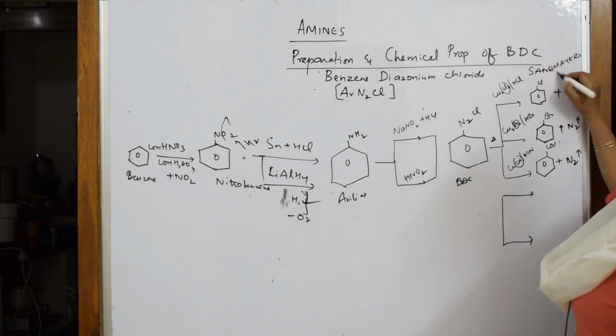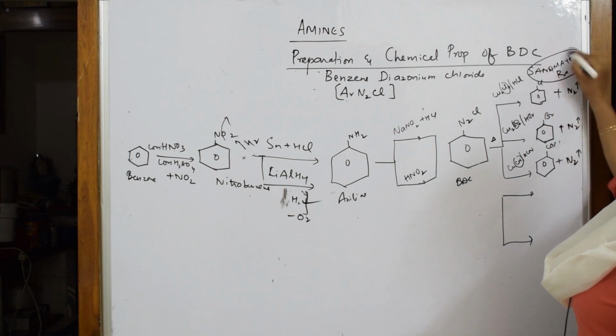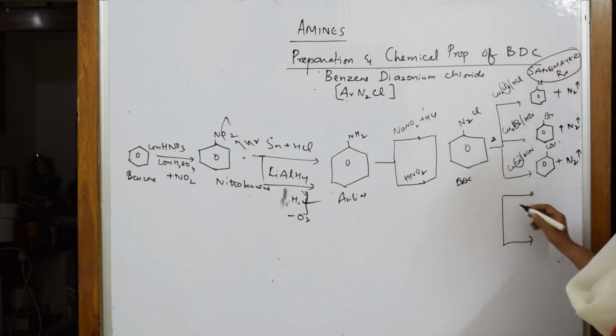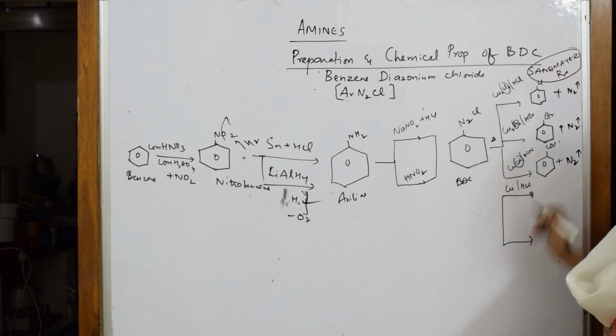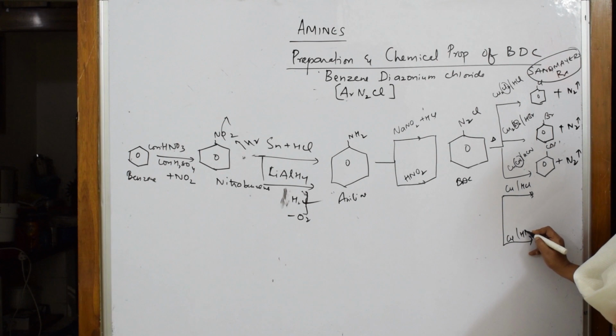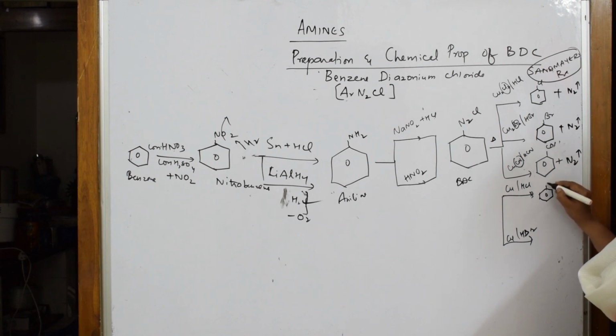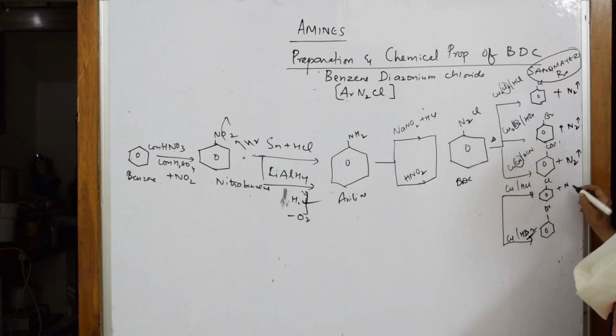Sandmeyer's reactions. Done. Now the same BDC, if I am using only copper in the presence of HCl, or only copper in the presence of HBr, I get the same products, here Cl and here Br, plus nitrogen gas escapes out, isn't it?